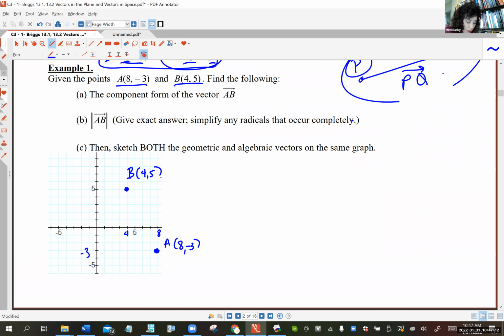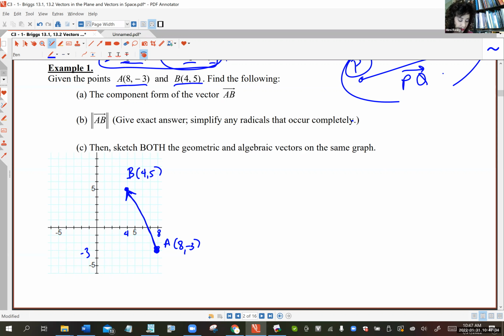There he is, and we're going to create the vector AB. Remember, not BA, AB. Now this vector is sort of just hanging out there. It's not in standard position. How do I know it's not in standard position? I'll stop here. Anybody want to try that one? You can type it in the chat too if you feel bold. It's not located at the origin.